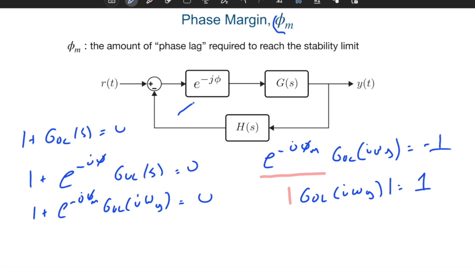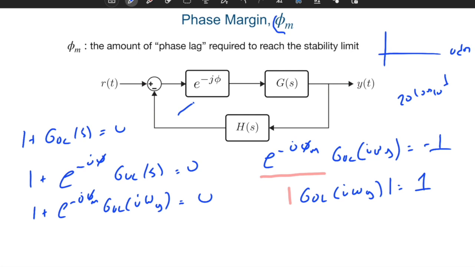So at this specific frequency, when computing the phase margin, the magnitude of G(j omega) should be equal to 1. On the Bode plot, this is the point where the magnitude plot crosses the 0 dB line, because we know that 20 log 10 of 1 is equal to 0. This is called the gain crossover frequency.